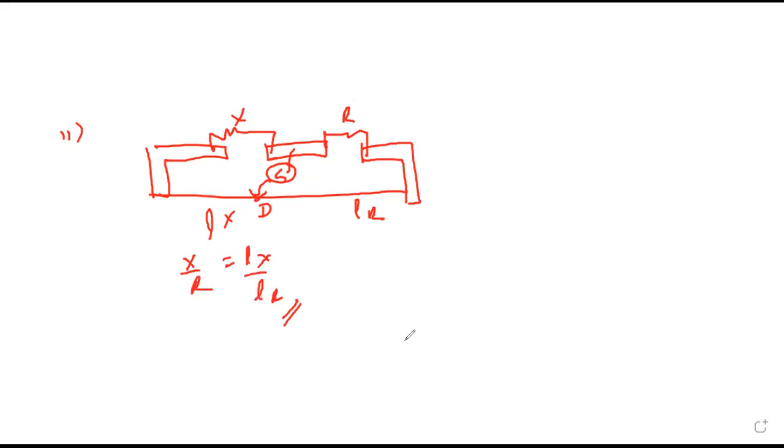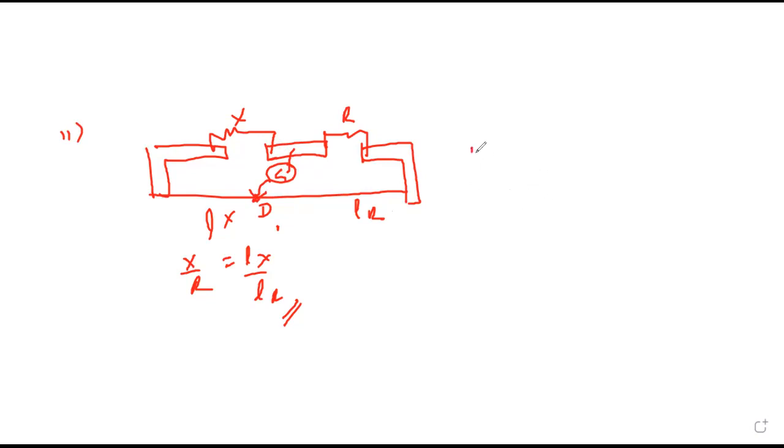Are you able to recollect this? This meter bridge, we had done. Yes, sir. That was which method? By touching the jockey at various points, a point D is obtained when no current flows through galvanometer. This is null deflection method. Correct? So this null deflection means no current flowing.